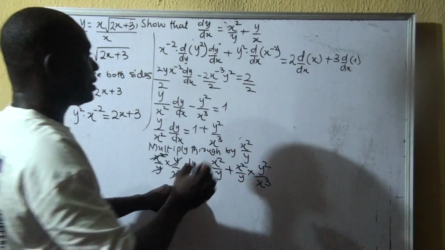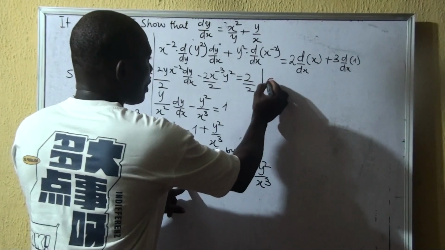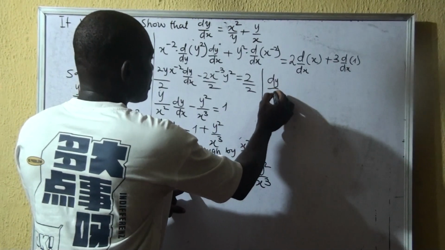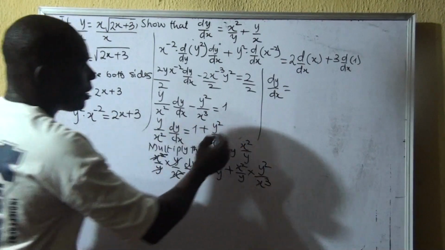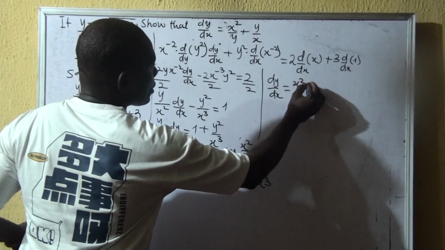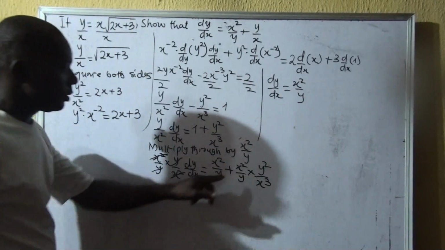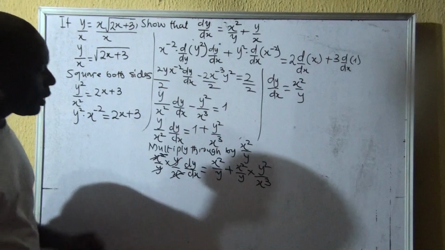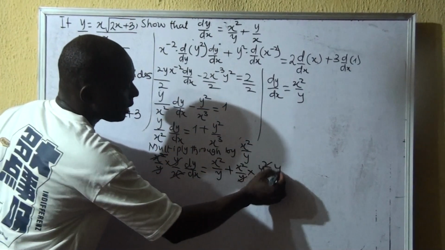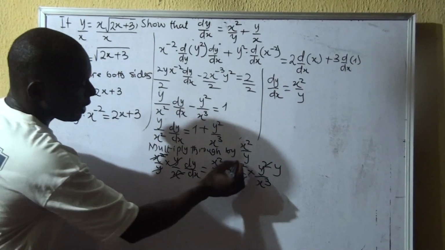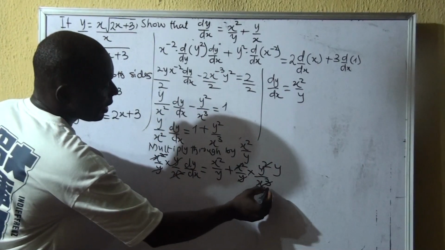What is left on the left hand side is dy/dx, equal to x squared over y. But here we have y reduced by 1 y, so we have x squared divided by x cubed.